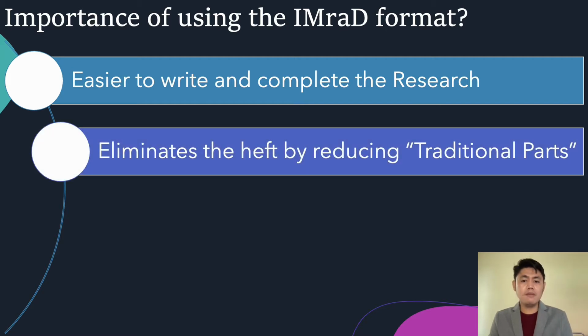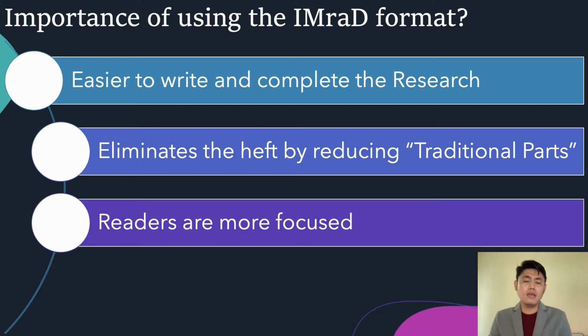Apart from that, the IMRAD format also eliminates the bulk and heft of your research studies by eliminating unnecessary traditional parts of the research. Therefore, it makes your research more concise, brief, and short. The IMRAD format also allows the readers to be more focused on the key and vital aspects or ideas of your research, and they can focus on the results of your research studies without being overwhelmed with parts.